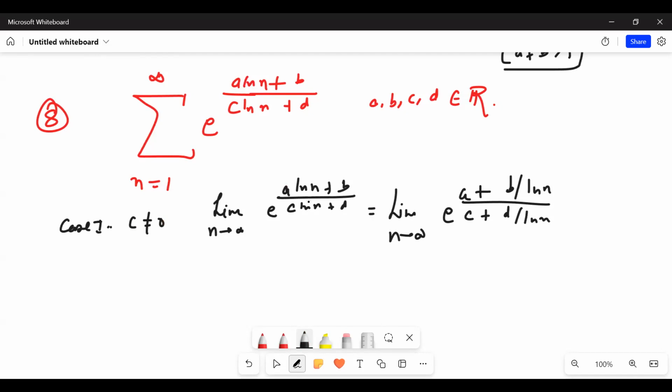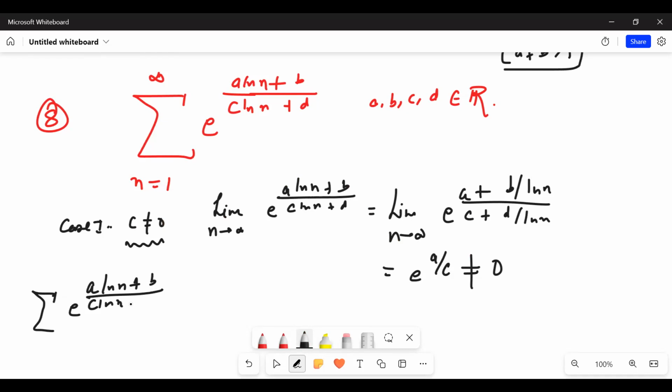What I've done is take ln n common from numerator and denominator. As n tends to infinity, this goes to 0, this goes to 0, so you will get e raised to power a by c, which is certainly non-zero. So clearly, if c is non-zero, then the series e raised to power a ln n plus b upon c ln n plus d is a divergent series.